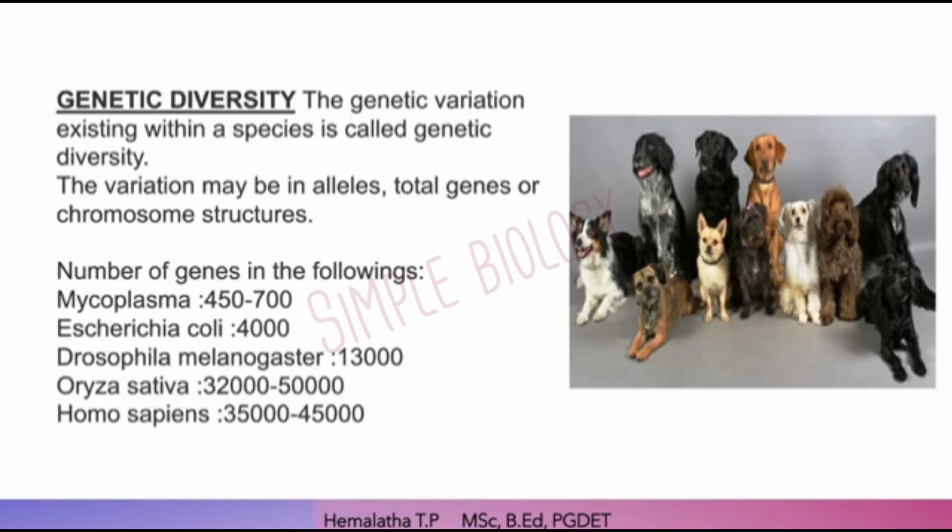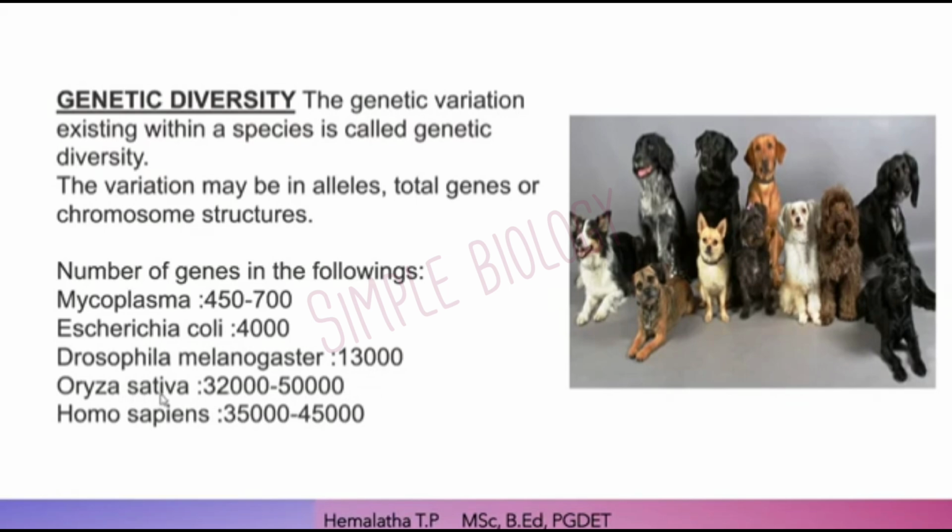Here is a list. You can see the number of genes present in different organisms. Mycoplasma contains 450 to 700 genes. Escherichia coli, a very small bacterium, has 4000 genes. Drosophila melanogaster, popularly called the fruit fly, which you might have observed flying around fruits, is such a small insect yet has around 13,000 genes.